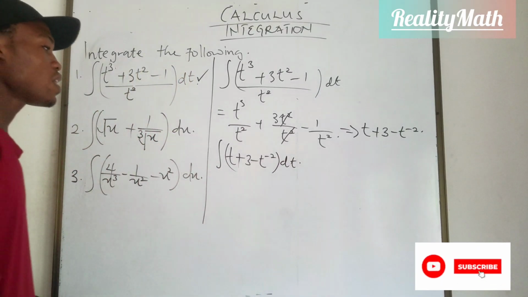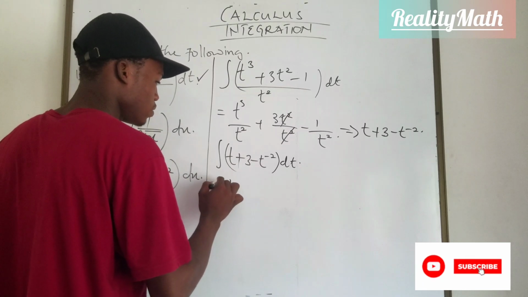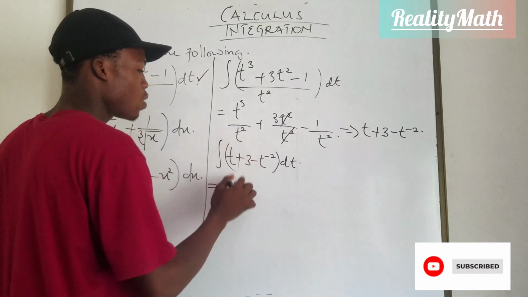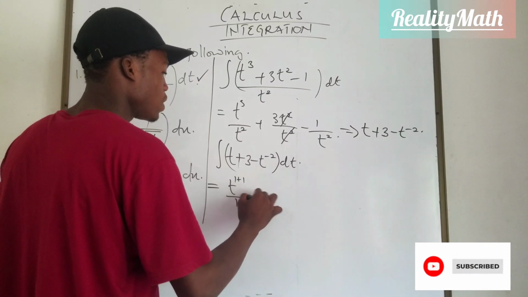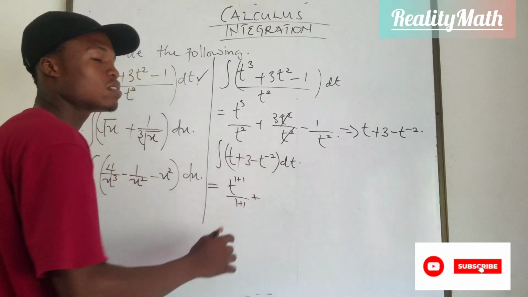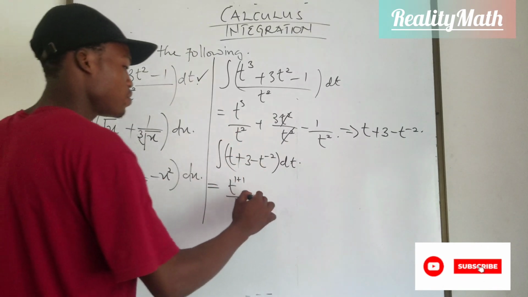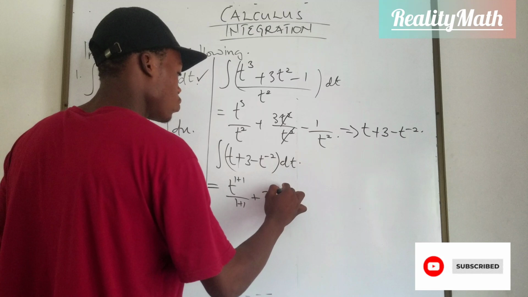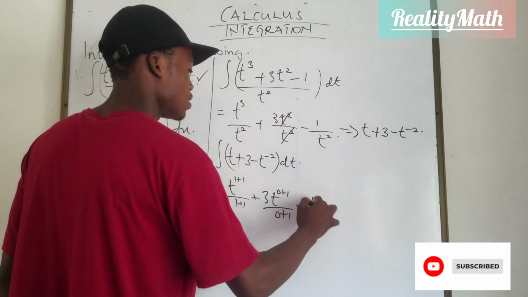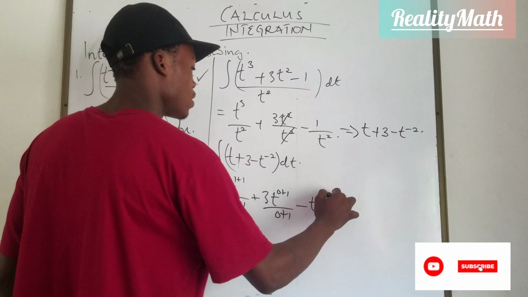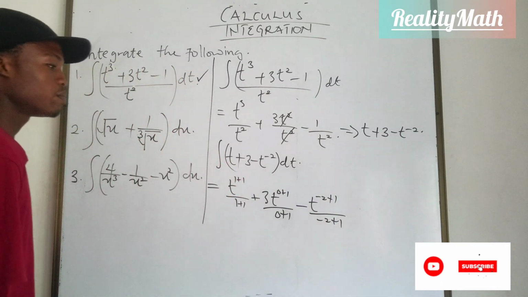Now, as simple as it is, we now have t to the power 1 plus 1 all over 1 plus 1, plus 3, the t is silent, which means that t is to the power 0, so we have 3t to the power 0 plus 1 all over 0 plus 1, minus t to the power minus 2 plus 1 all over minus 2 plus 1, right?